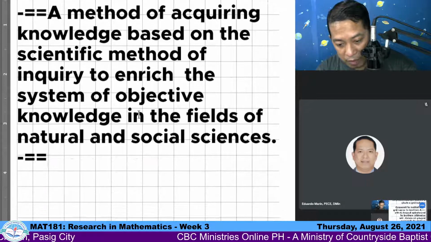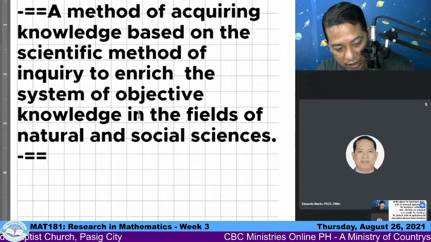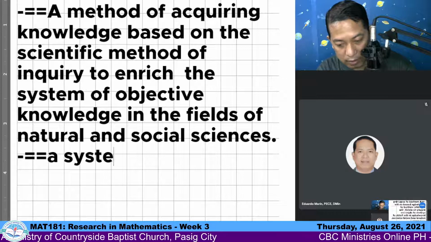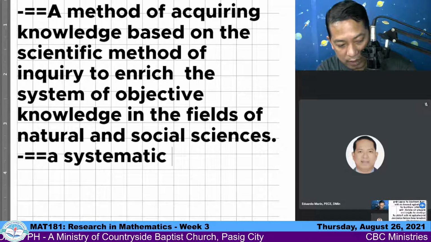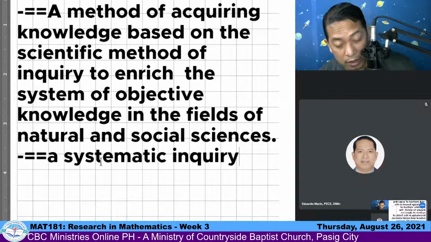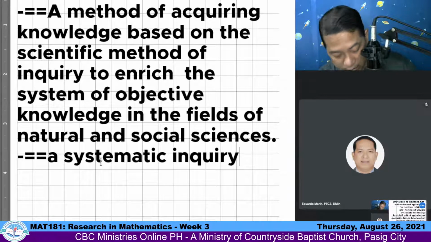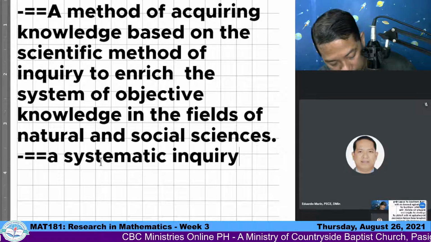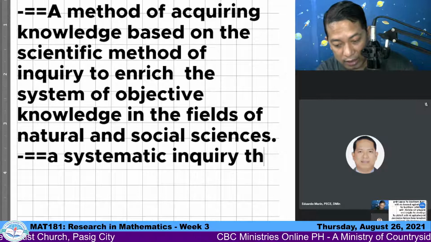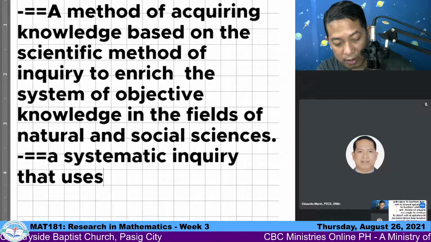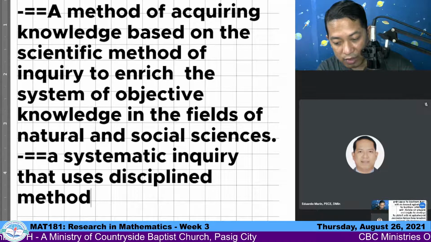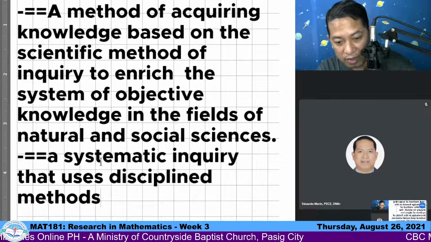We have the definition of research. In some areas stated, a research is a systematic study, a systematic inquiry, rather. So there's an inquiry that is ongoing in terms of the acquisition of knowledge. An inquiry that uses disciplined methods. So these are methods in our discipline.